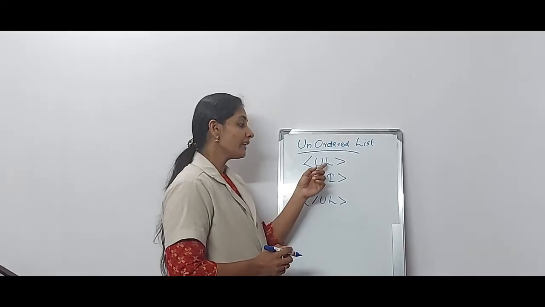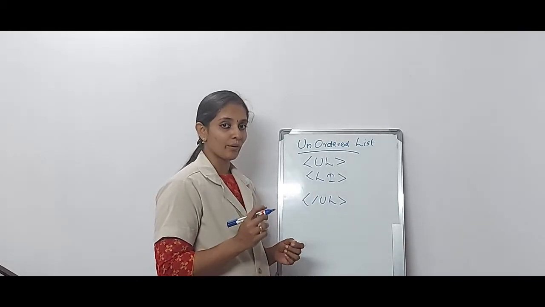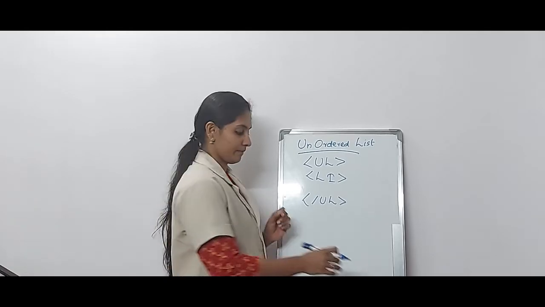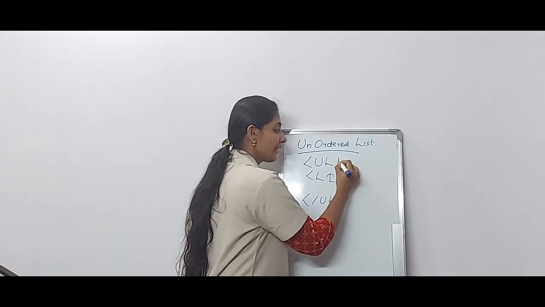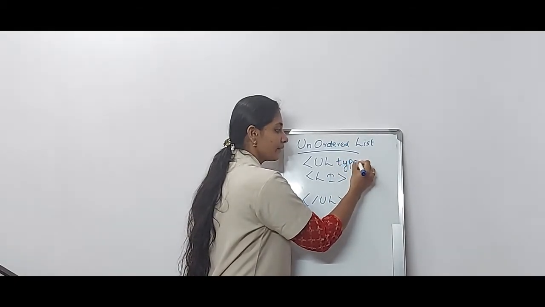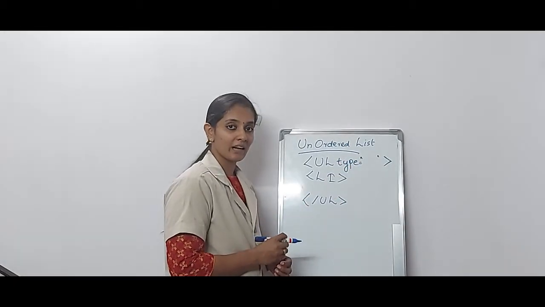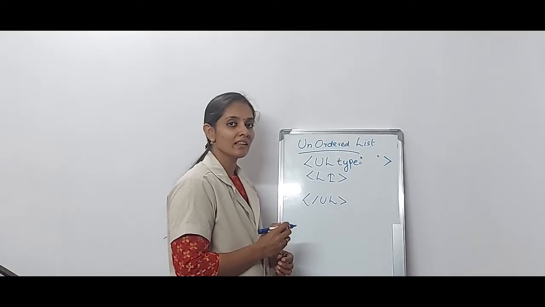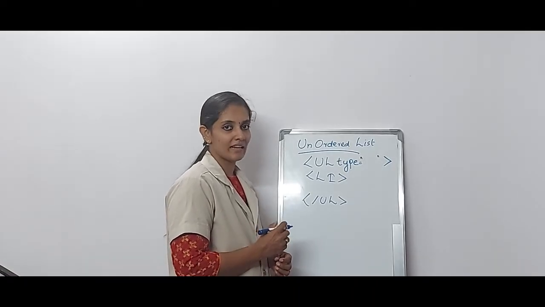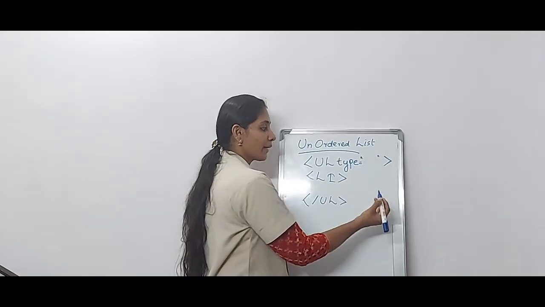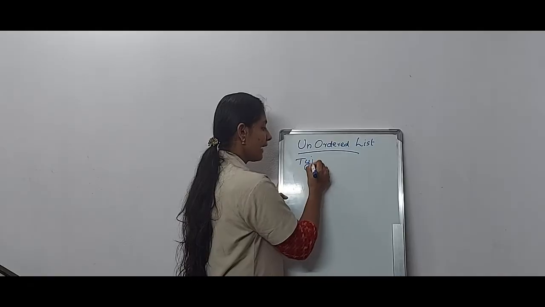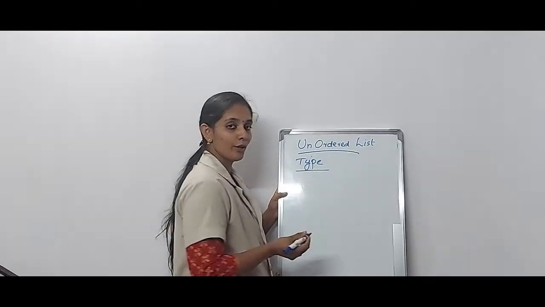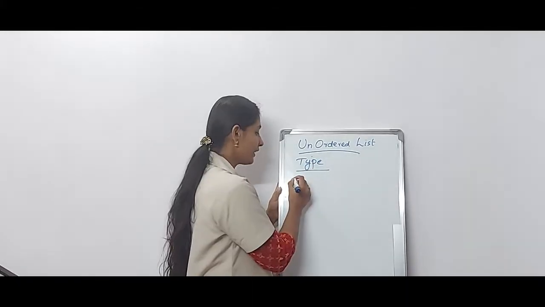Then the UL tag has one attribute, that is type. The type attribute describes the type of bullet that appears with the list items. The type attribute of UL tag can be of three types.